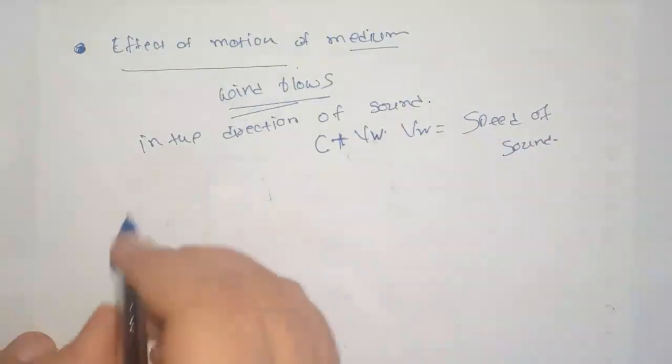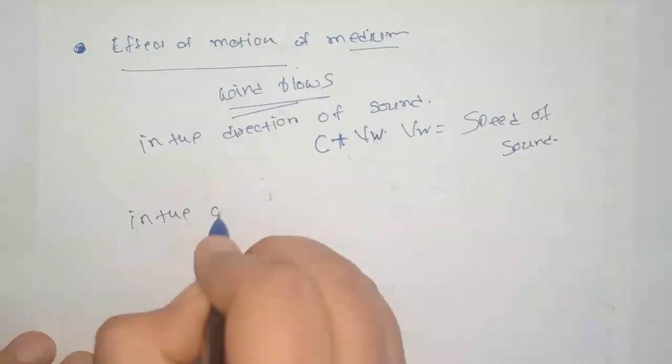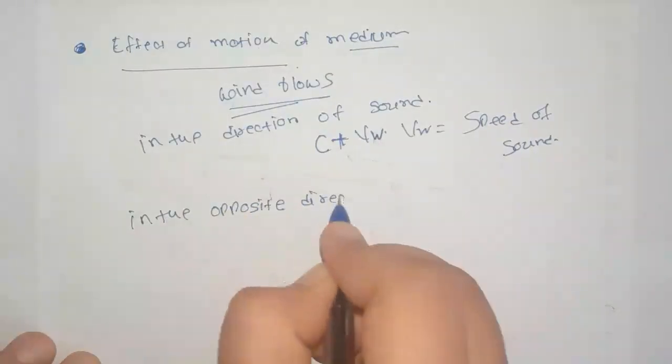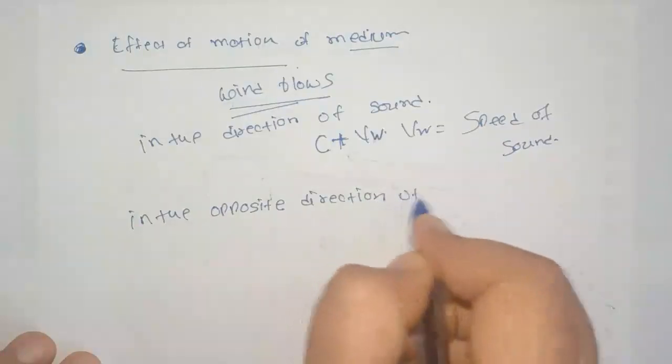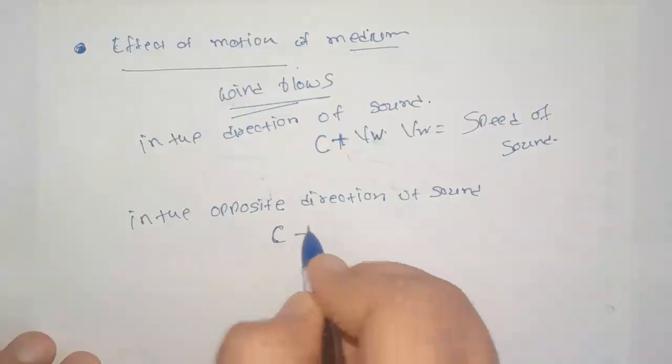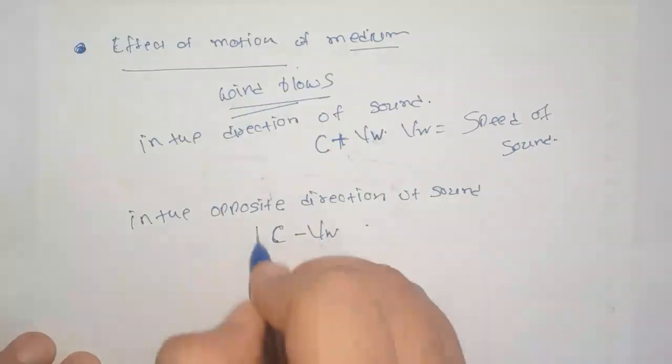But when wind blows in the opposite direction of sound, then we will write C minus VW.